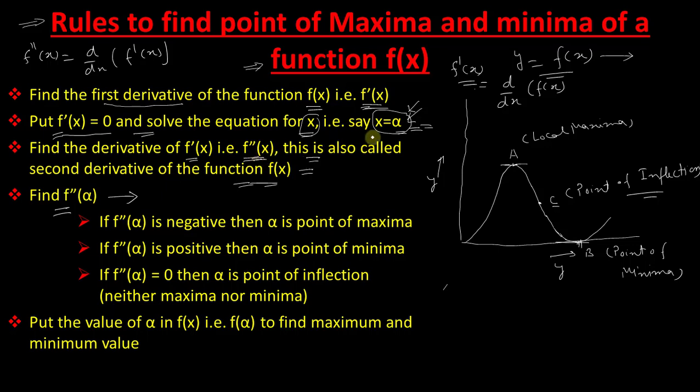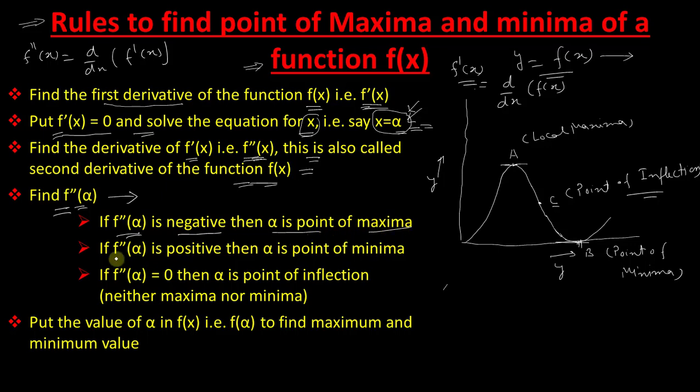Now put the value alpha, obtained by putting the first derivative equal to 0, here and calculate f double dash alpha. We just have to check its sign. If it comes out to be negative, then alpha is a point of maxima.